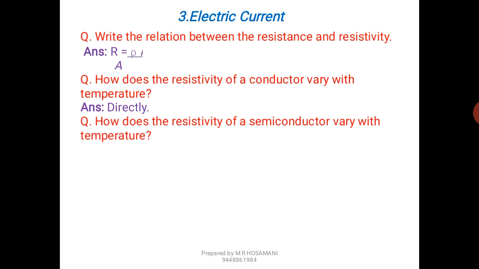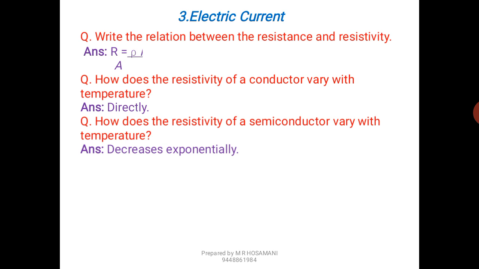The next question is, how does the resistivity of a semiconductor vary with temperature? This one is the semiconductor, the previous one is the conductor. It decreases exponentially, meaning it rapidly decreases.